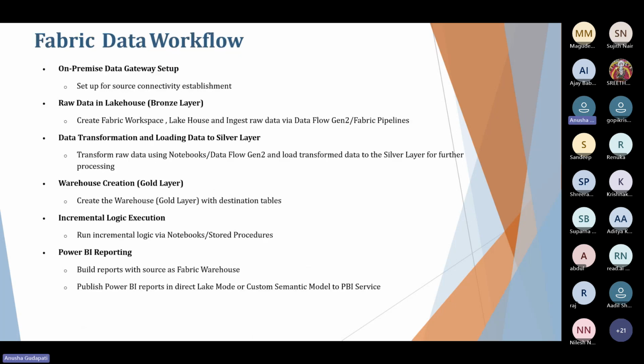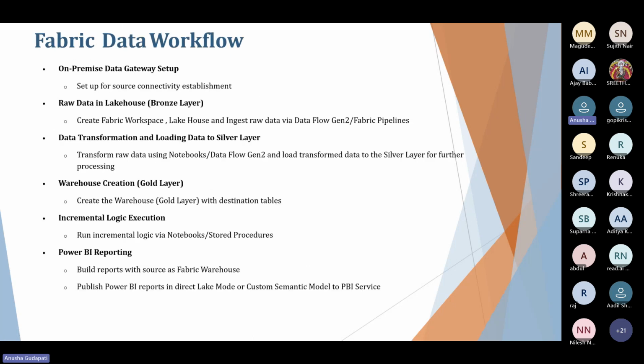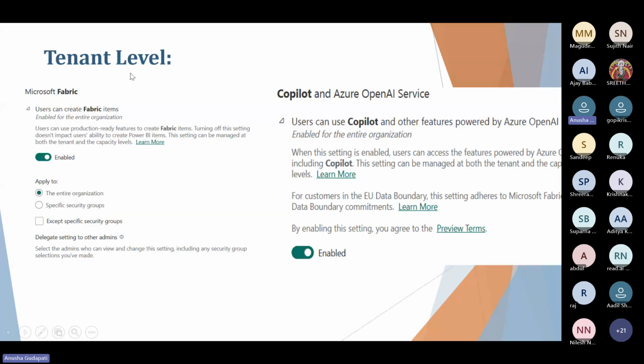But what happens in a Fabric data flow? The first thing that you do is actually the last thing of your on-premises setup, the on-premises data gateway. This is of course only when your raw data is present on-premises.